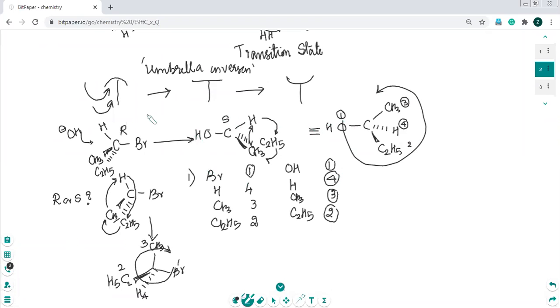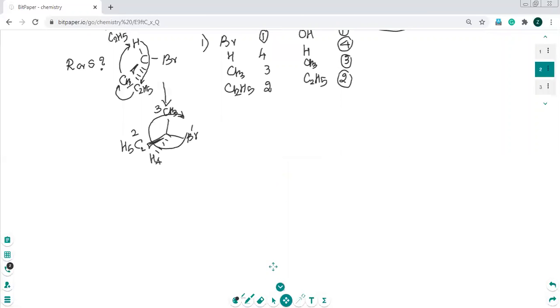So this is the characteristic of the SN2 reaction, the stereochemistry of SN2 reaction.